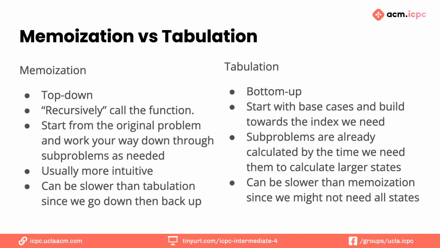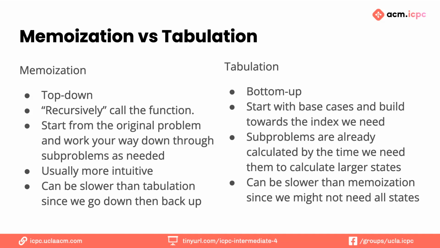So you might be wondering, what's the difference between these two? Can I use either, or do you always want to use one versus the other? And the answer is that it depends. For memoization, the implementation technique is that you use recursive function calls, but you store the values that you've already calculated, so you don't need to calculate them again. Generally, when you first approach a problem, this is the more intuitive way to approach it, and it might also be more natural to code in this way.